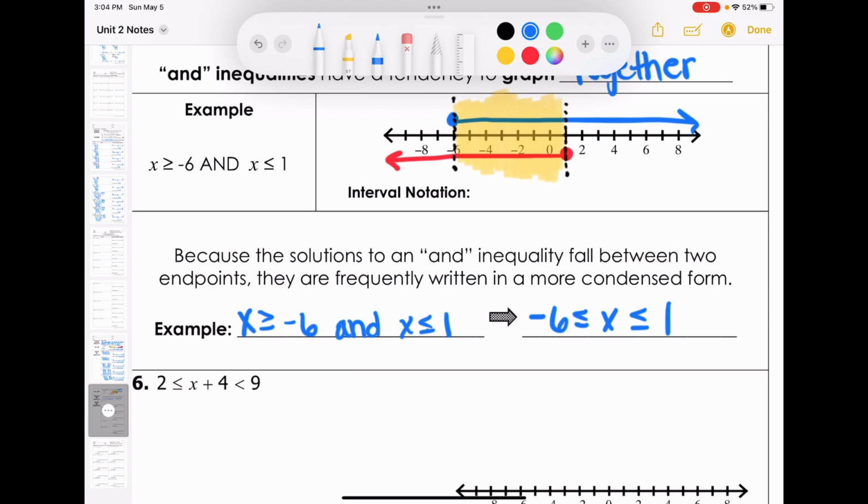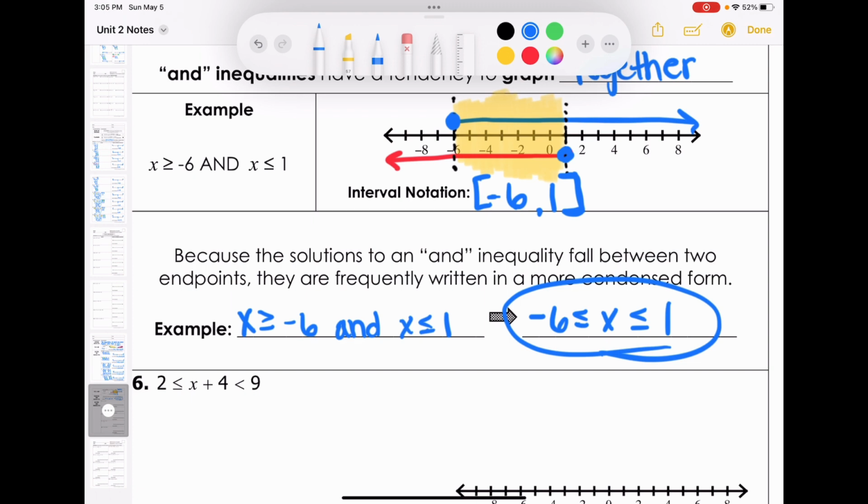Looking back at the example, our solution is where they overlap. So -6 is a closed circle, so that's a bracket, and 1 is a closed circle, so that's a bracket. So that's what our interval notation would be. It would only be where those two inequalities overlap. So that's why we write them like this. It's just a lot easier to write them like that.